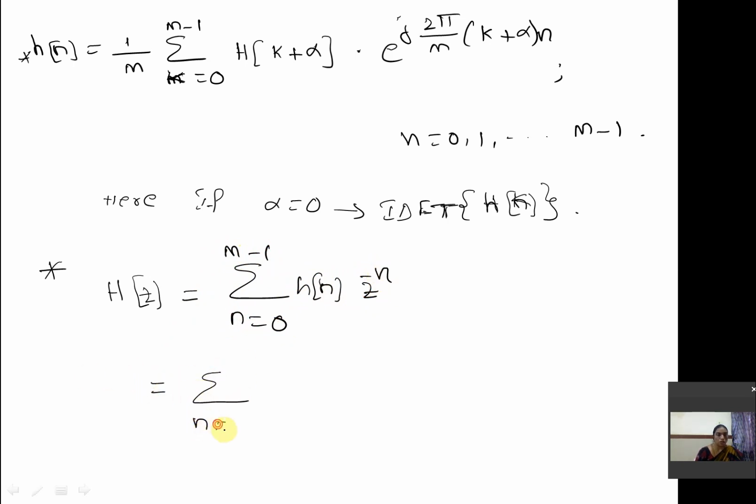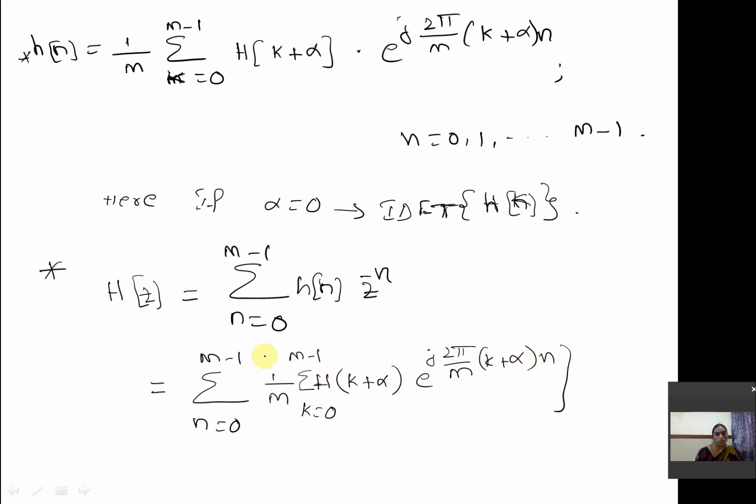Now substitute here, n = 0 to M minus 1, h of n is 1 by M summation k = 0 to M minus 1 H of k plus alpha e power j 2 pi by M (k plus alpha) n. This is h of n into z power minus n.